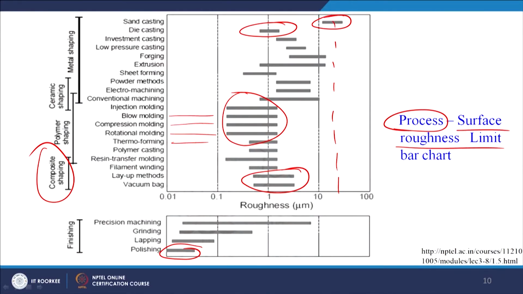If you see the mineral water bottles or the soft drink plastic bottles that we use, they have very good surface finish, so the surface roughness values are lower. So this is the process surface roughness limit bar chart. We can easily see that, depending upon the surface roughness requirements, we can select the process.